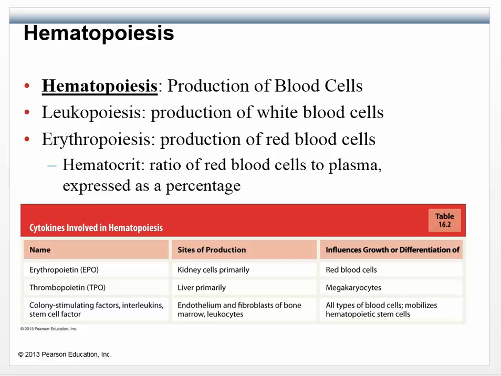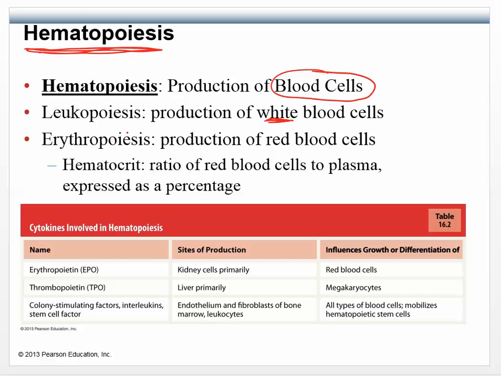Okay. All right, so we term the production of blood cells in general, and I want to be very, very clear, the production of blood cells is hematopoiesis. The production of white blood cells, so we can break that down and say, okay, this is all blood cells, hematopoiesis, but what about just white blood cells? We call that leukopoiesis, for leukocytes.